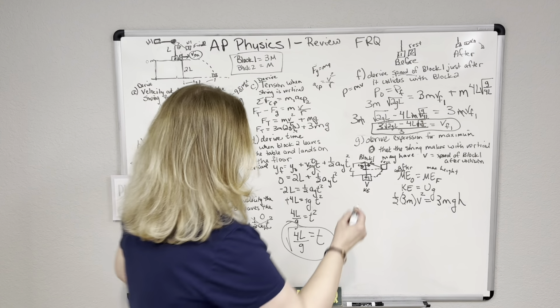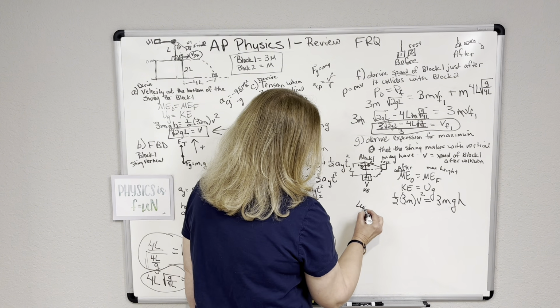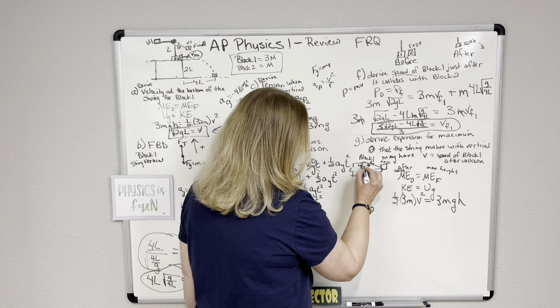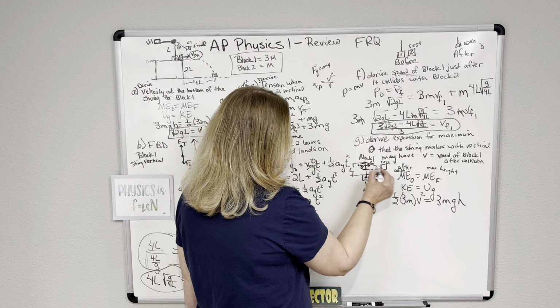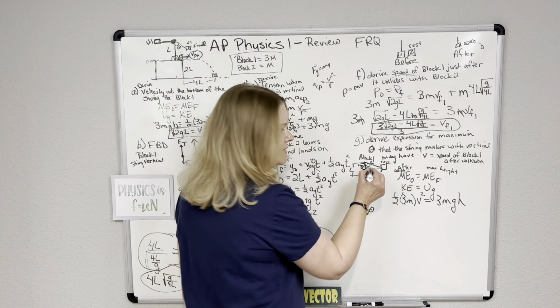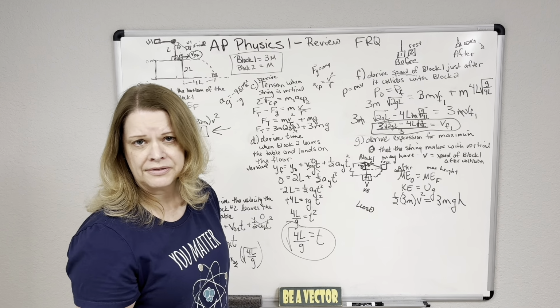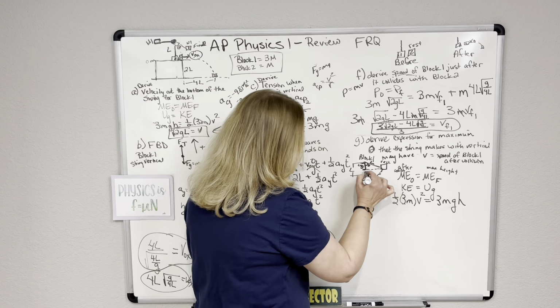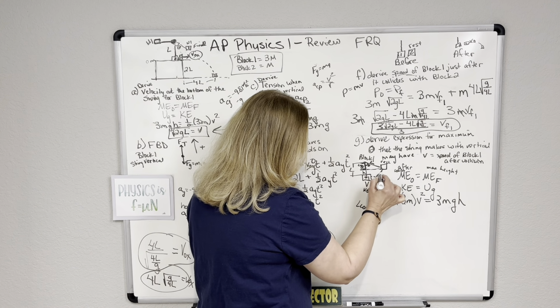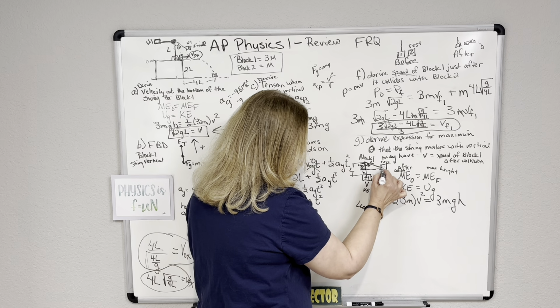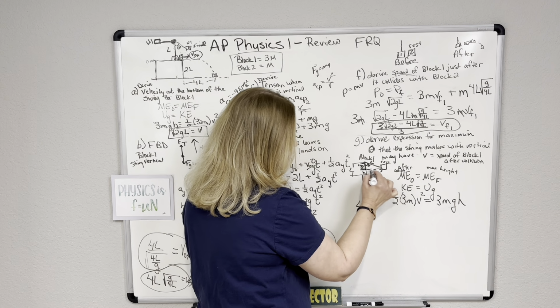I don't have any other colored markers over here, but let me write it. That's L cosine theta, this little piece right here. Why? Because this is theta, the hypotenuse is L, so this side is adjacent to that theta. Now, if I want my height change, this is my height change right here, from the bottom of the block, or the middle of the block really, up to where it was lifted.